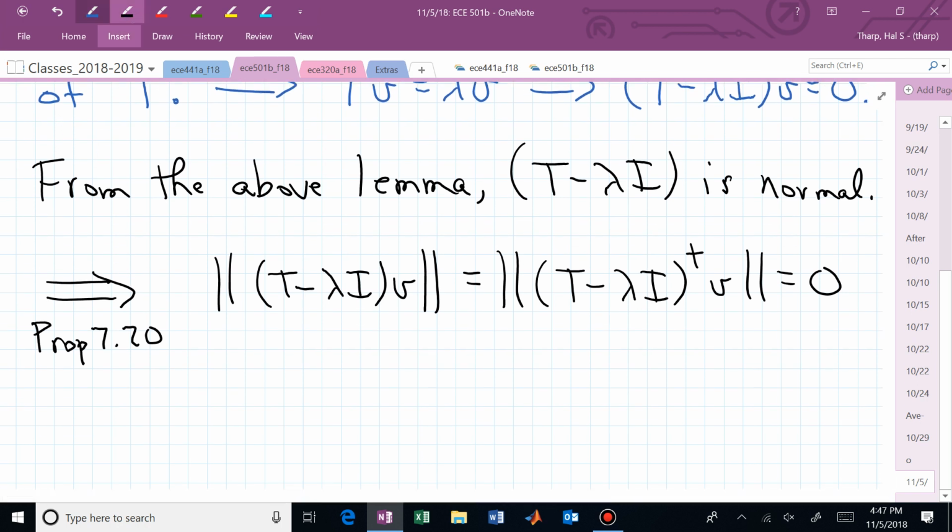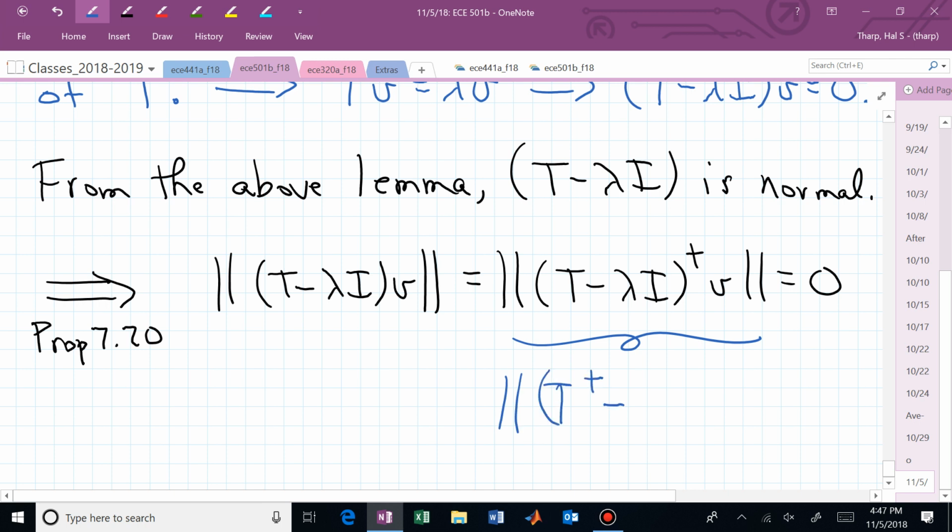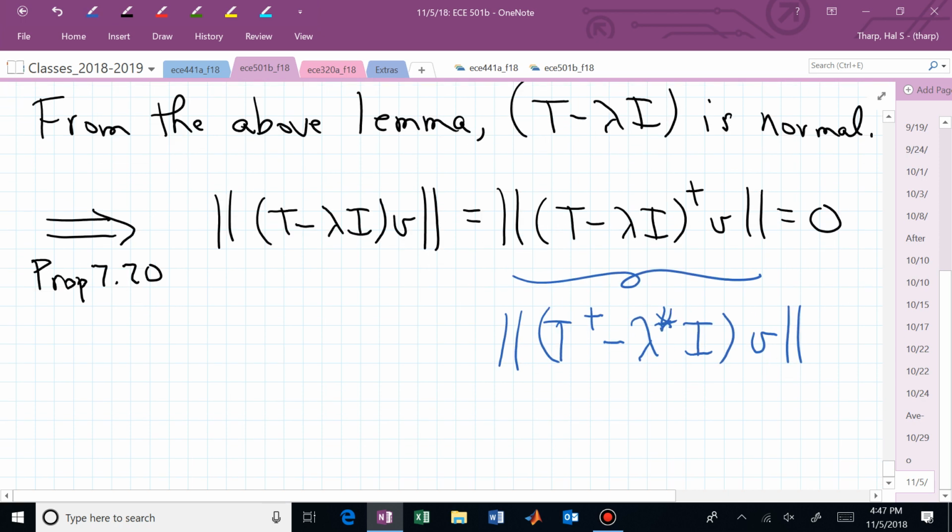And what can we do here? Well, here we could push that dagger through. If we wanted to see it a little bit more clearly, we could say this is T dagger minus, what's the dagger of lambda? The conjugate. And there it explicitly shows us that this is an eigenvalue eigenvector problem for T dagger and lambda star.